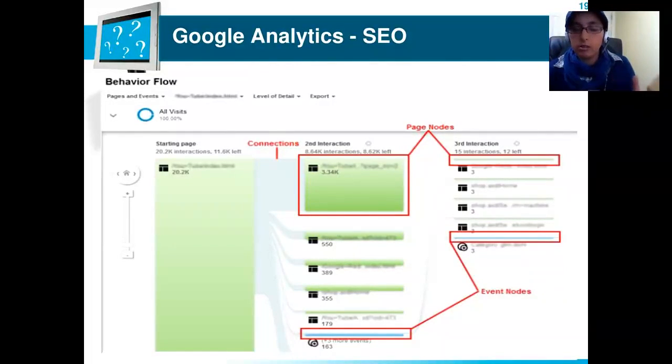You can see the pages where people came from, what's the second page they visited the most, the third page they visited the most, and where they left your website. This is really cool because you can look at how they are behaving, how they are engaging with your website, and what's their journey on your site. You'll find it in the Google Analytics behavior flow report.